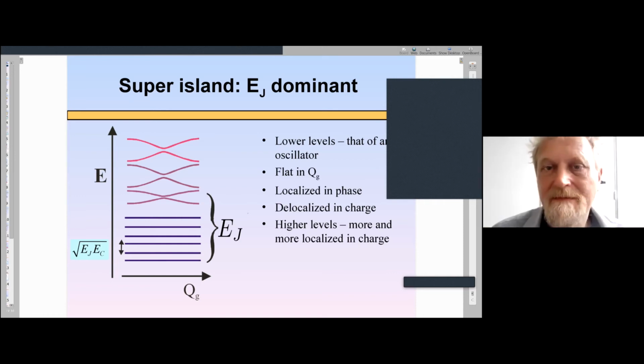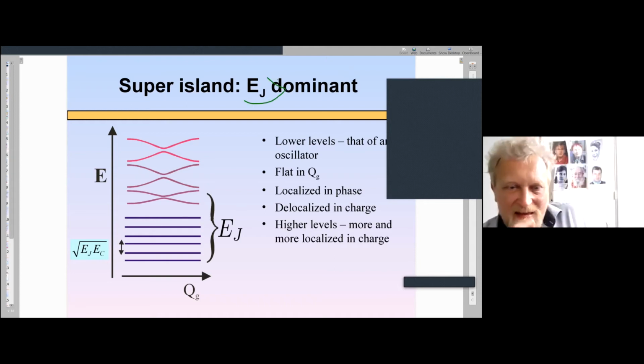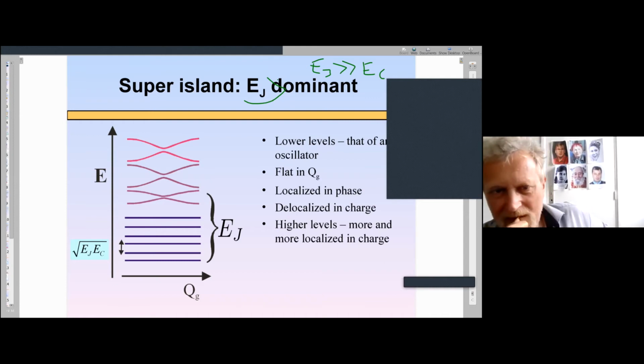Superconducting island, opposite regime, opposite limit, and now we have Josephson energy dominating over charging energy. The spectrum looks much more complex. But anyway, just give me a chance to explain it.